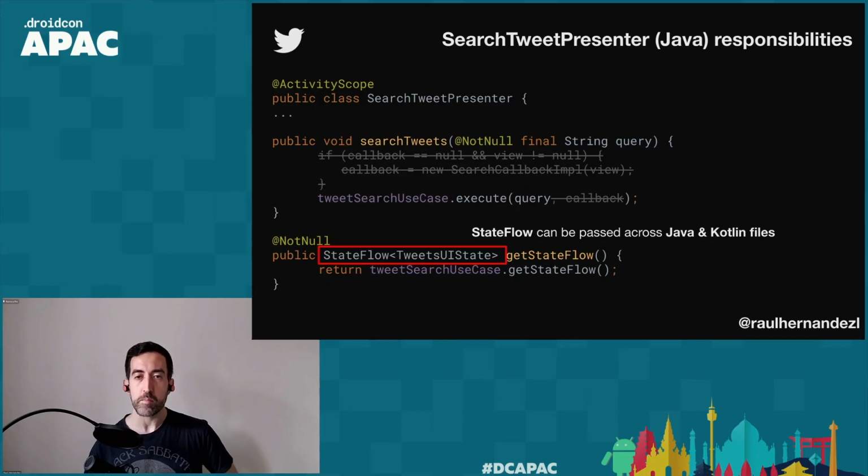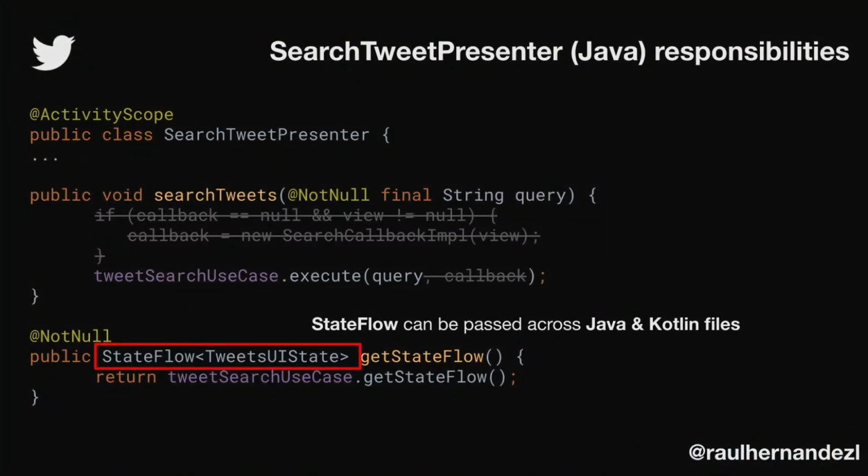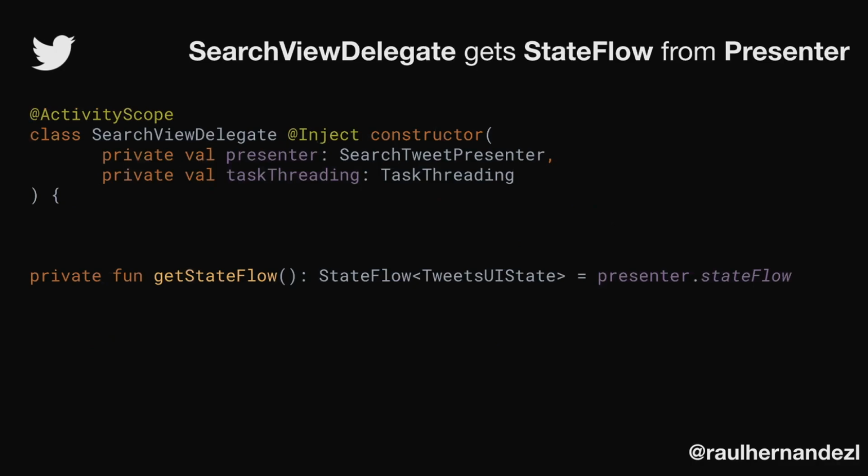We don't need those callbacks anymore, which are a bit annoying and very verbose. So we can remove them from everywhere and we can just expose the StateFlow that we're going to pass to different stakeholders. So I'm going to expose that from the use case to the presenter, and from the presenter to some stakeholders. So actually the delegate is going to get that from the presenter. Very cool, we have this exposed right here.